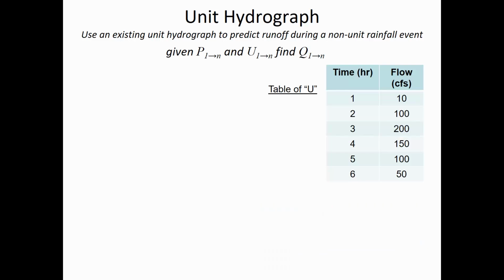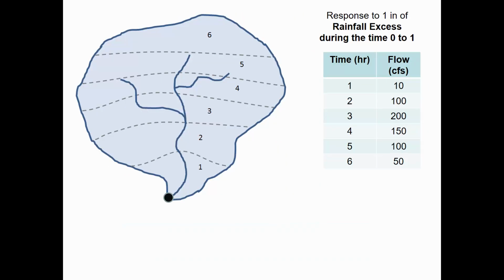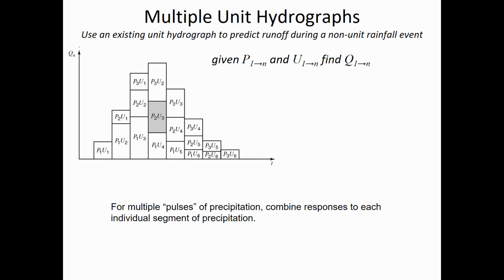You'll notice if we go back to the equation here, in the second hour, P1U1, that's already gone through the outlet, and it's not contributing to the flow that we see now. The flow that we see now is this hour's rain over the first area and last hour's rain over the next area up watershed.